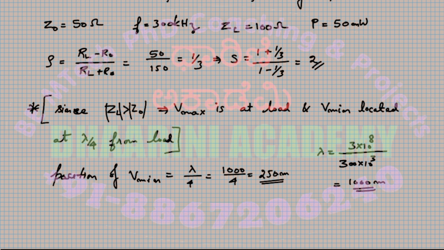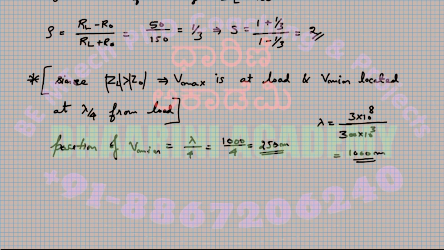Okay, so I need the values of Vmax and Vmin. Let's try to calculate. First, we'll go to the maximum value. Yes, definitely, please calculate that. I'll teach you another method also. First, please calculate that. So what's the equation for Vmax?